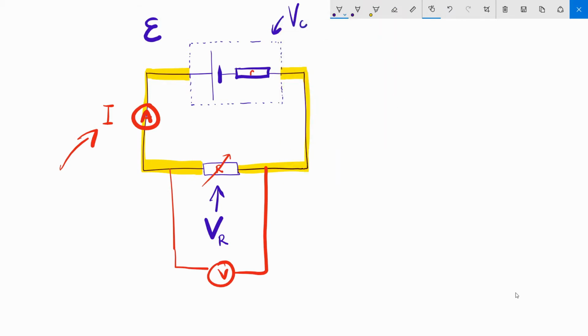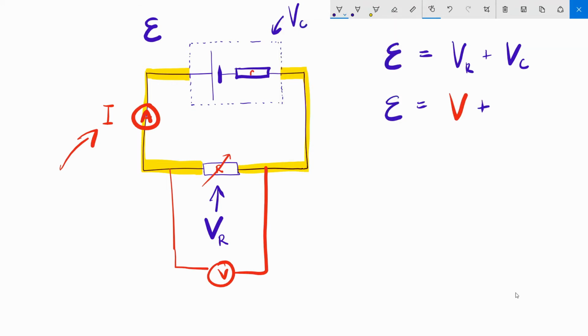Okay, thinking back to our equation before, we said that the total EMF has to equal total PD, so the EMF has to equal the PD across the resistor plus the PD across the cell, used up by the cell. Now we have actually measured the PD across the resistor.